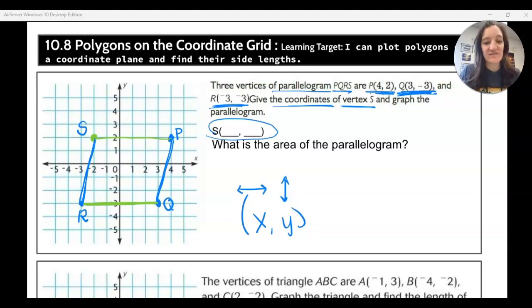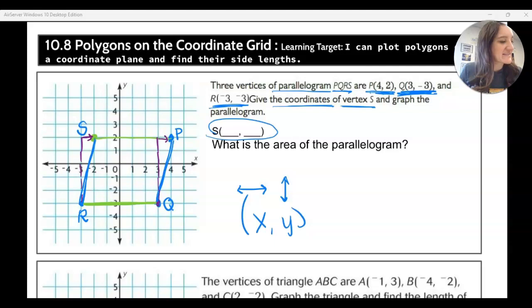The other way you could figure out how to make it parallel is to take Q and go 1, 2, 3, 4, 5 up and 1 over, and we'd end up at that same spot. Those are 2 ways you could do it.